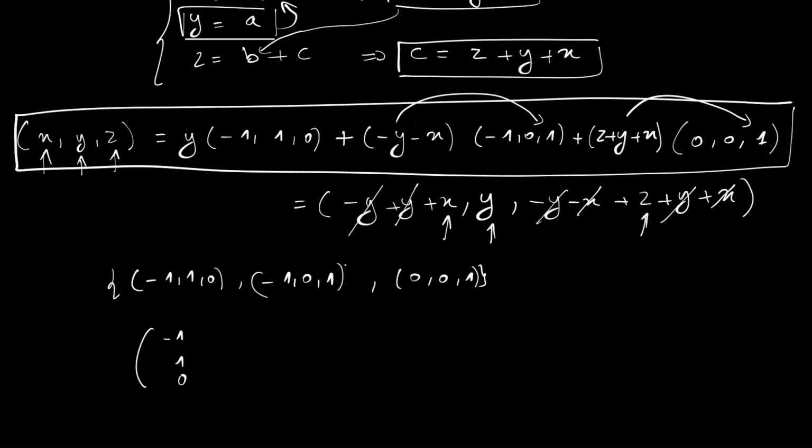Minus 1, 1, 0, minus 1, 0, 1, and the third vector is 0, 0, 1. Now, I know we haven't officially learned what a matrix is yet, but to simplify, think of it as just a table of numbers. I am going to show you how to calculate its determinant step by step.